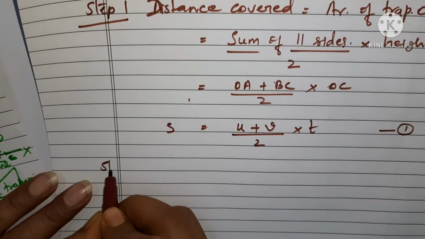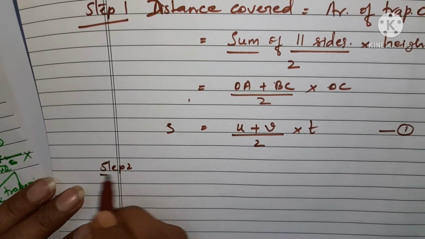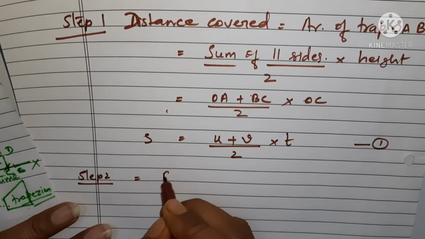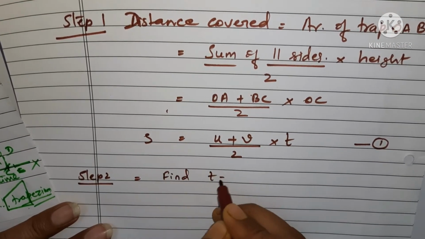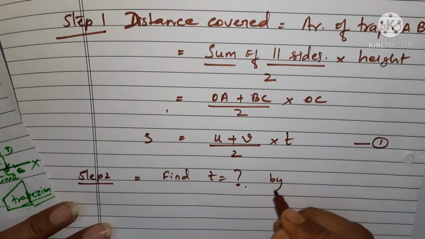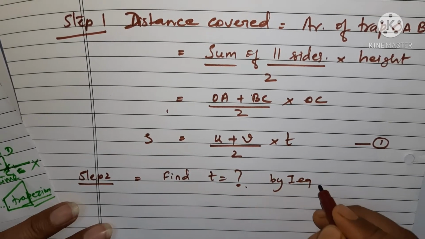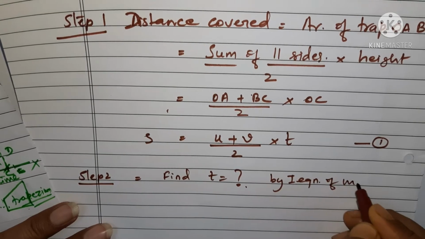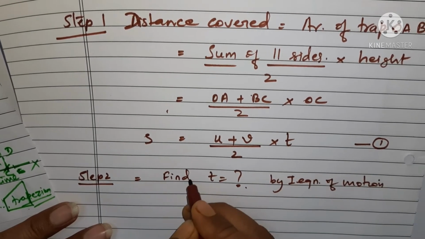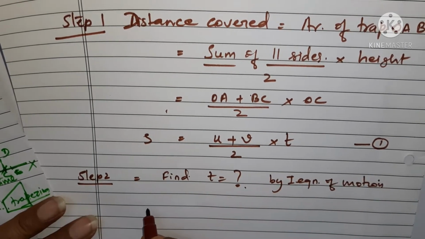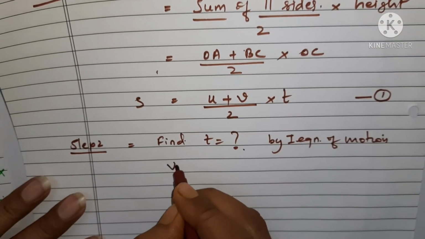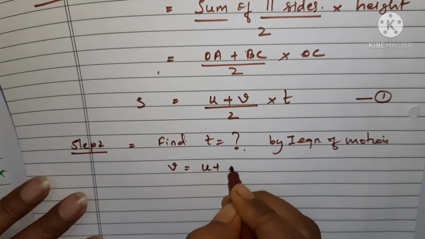Now step 2. In step 2, what are we going to do? Find T by first equation of motion. Now first equation of motion is what? V is equal to U plus AT.